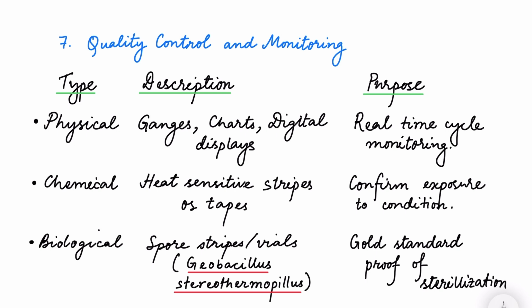However, the most reliable method is biological monitoring using spore strips of Geobacillus stearothermophilus. If these highly resistant spores are destroyed, it confirms successful sterilization. That is why biological indicators are considered the gold standard.